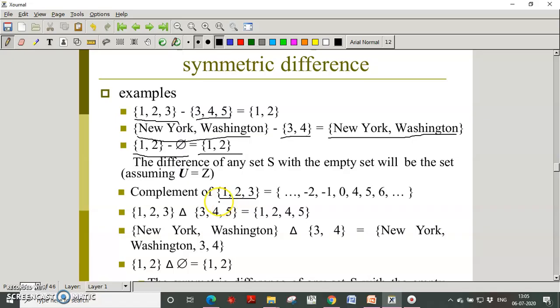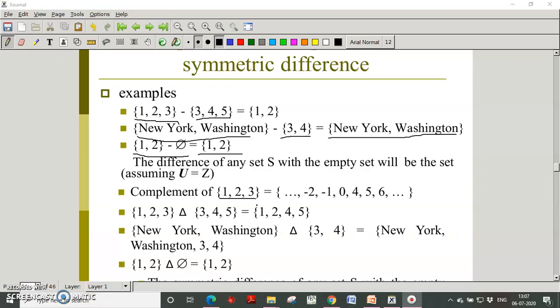Suppose you want to find the complement of this set. When you find the complement, you also have to think about the universal set. Sometimes the universal set is given in the question, or sometimes you have to consider what the universal set of this set is. Suppose here we consider the set of integer numbers as the universal set.